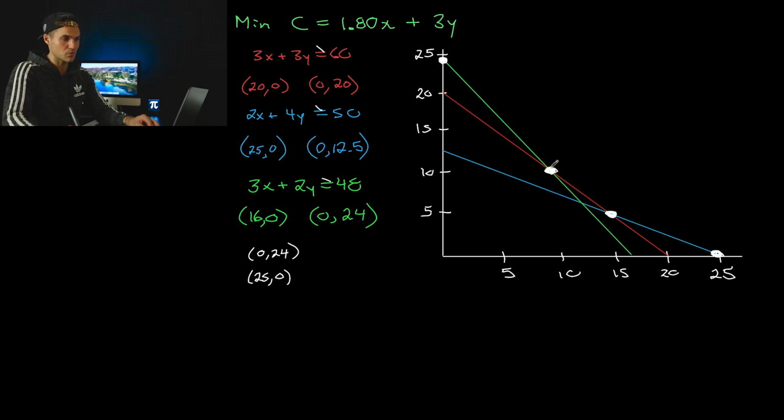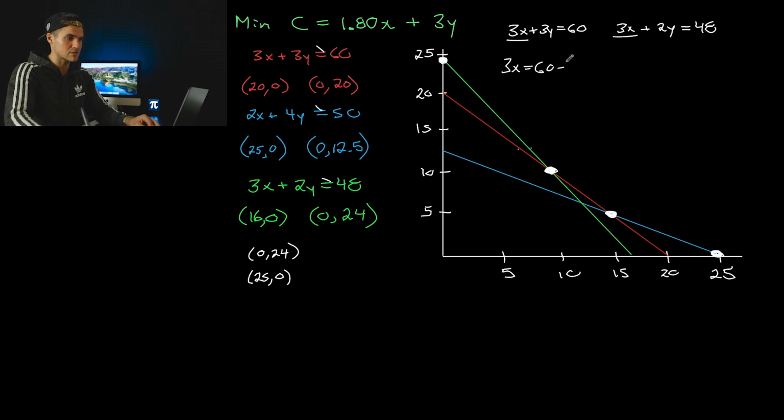So try to make your graphs as to scale as possible so you know which points not to waste your time with. So we are going to have to find the point of intersection between the green line and the red line, right? So between 3x plus 3y is equal to 60, and 3x plus 2y is equal to 48. Different ways you could do this. I'm noticing that I got 3x and 3x, so let's actually isolate for the 3x.